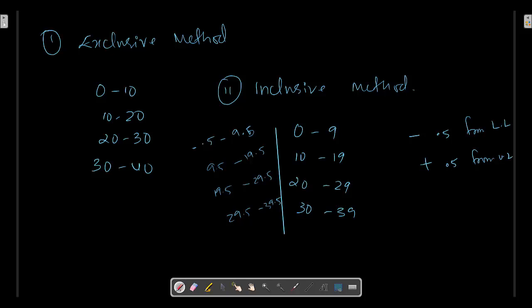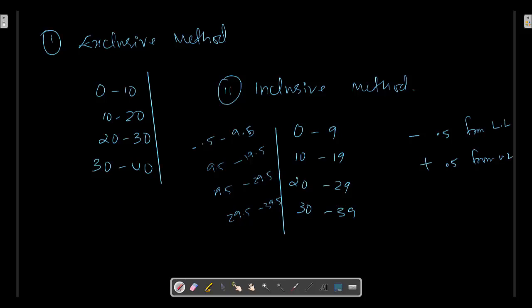All right. Now, one more thing you have to understand here is that in the exclusive method, if certain numbers are given and you are asked to calculate the tally and then find the frequency, for 0 to 10 you will not be counting from 0 to 10, but you will be taking values only up to 9.